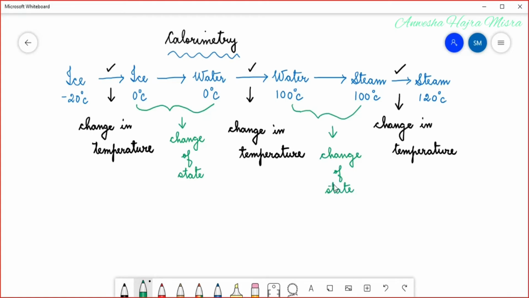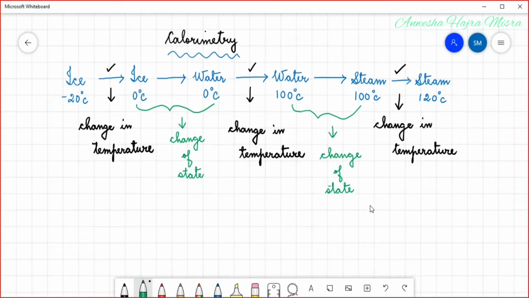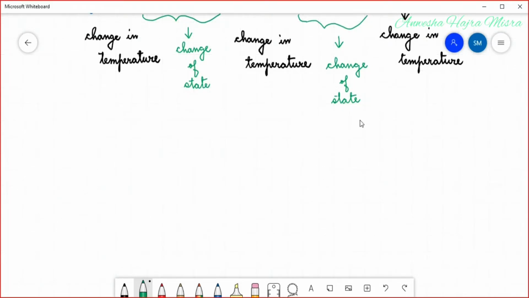Now the first part of the chapter deals with the change in temperature.